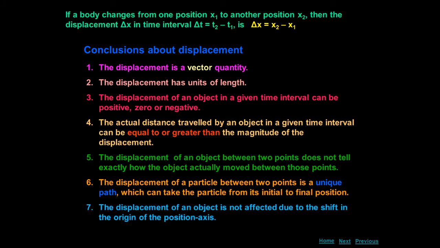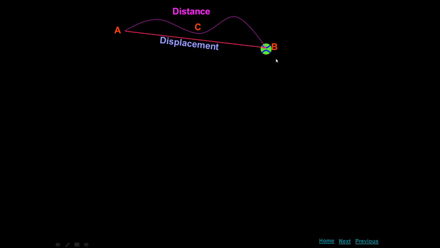The displacement of an object is not affected by a shift in the origin of the position axis. Now here see the distance travelled will be the actual length, meaning ACB, but the displacement will be directed from A to B.